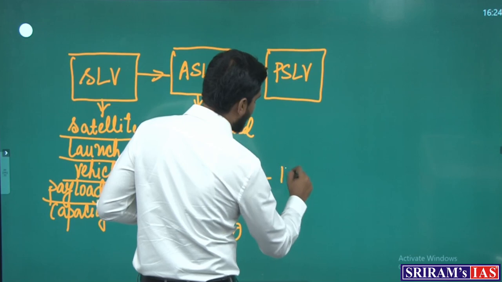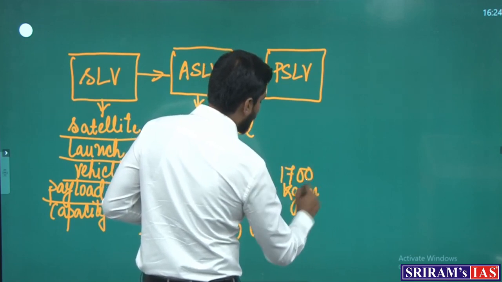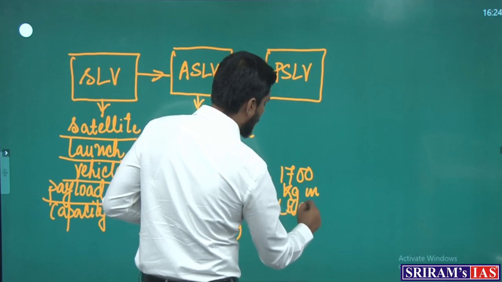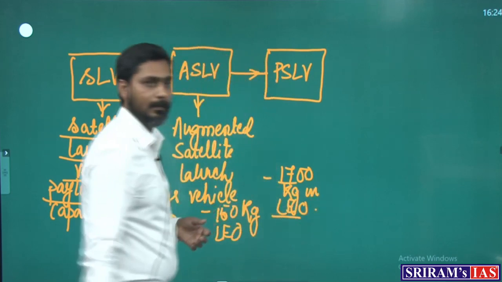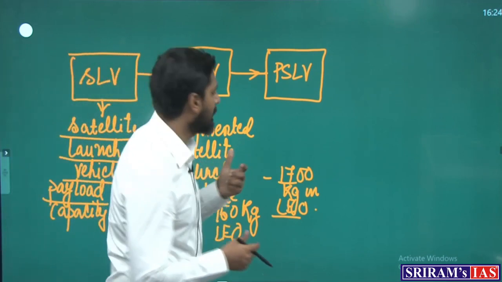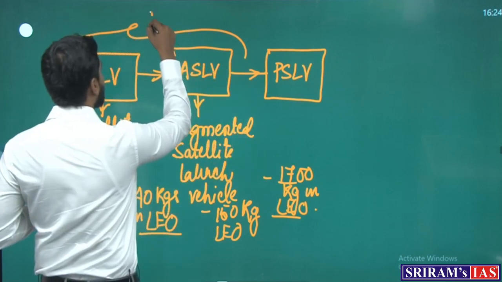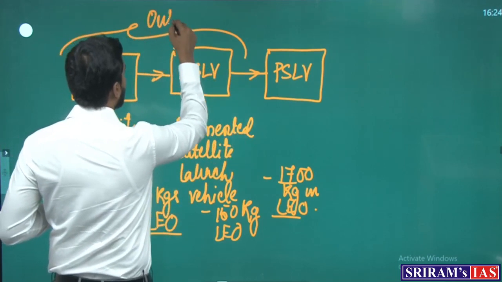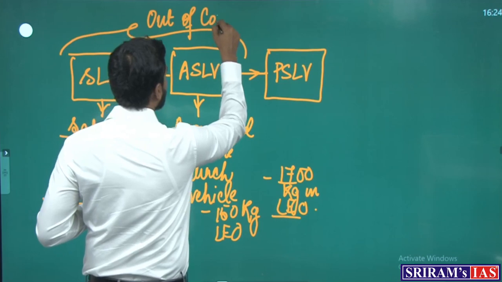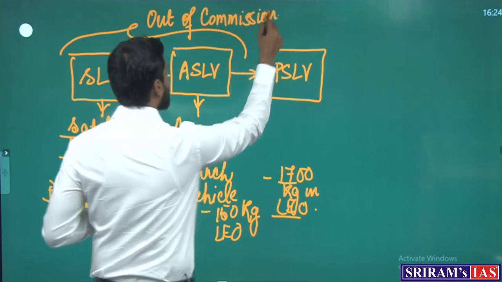It is 1700 kgs in LEO. We will take note that ASLV and SLV are out of commission, that is, we are not using them now. We are only using PSLV and GSLV.